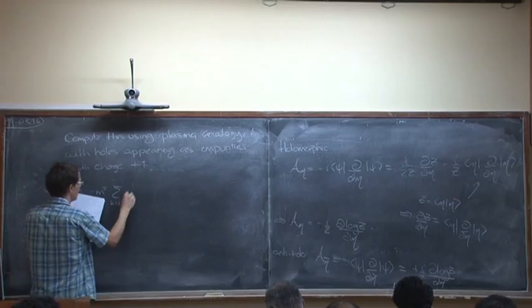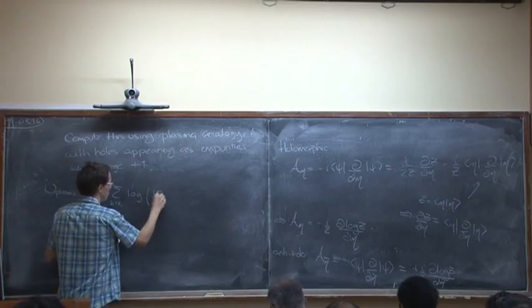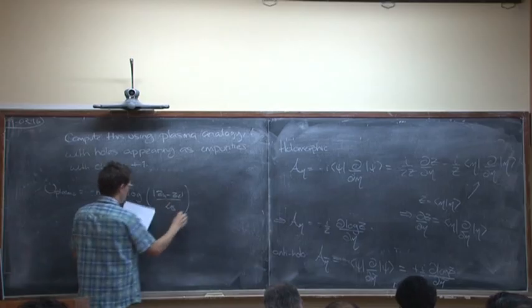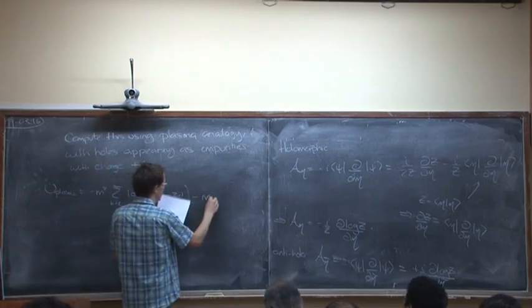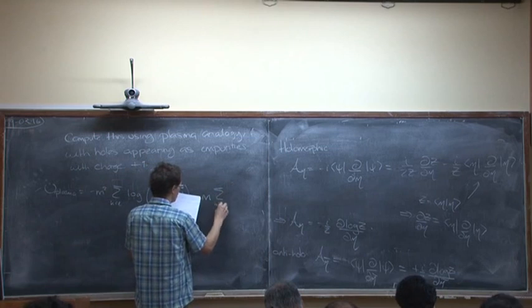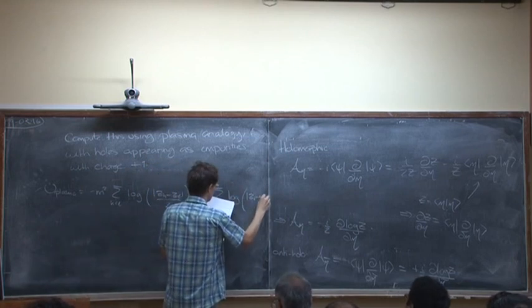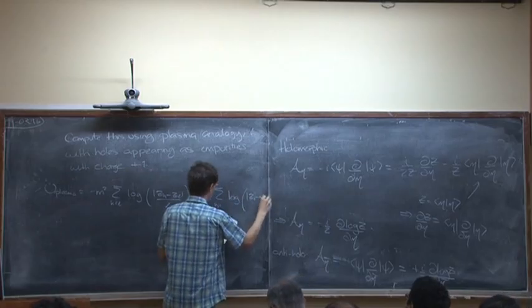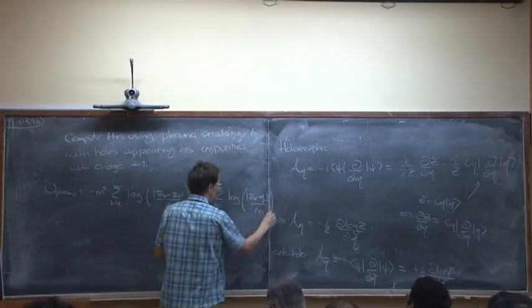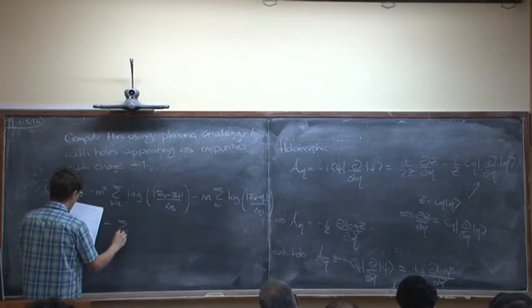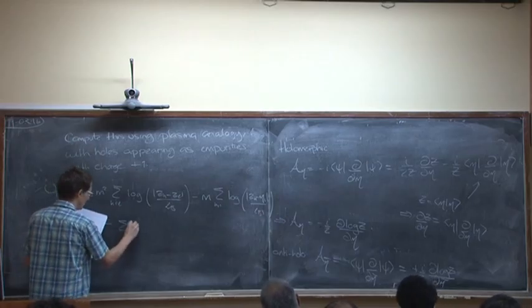There's the Coulomb energy, which is the force between the particles. And then there's the term which is the force between the particles and the impurities. And then there's the term which is the energy due to the interaction of the impurities amongst themselves.